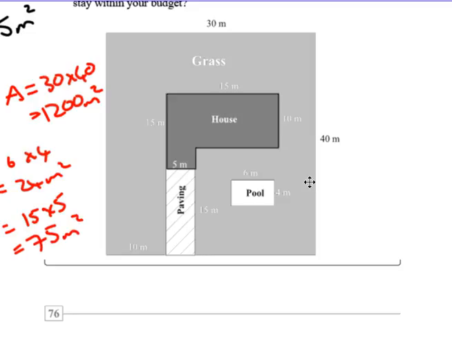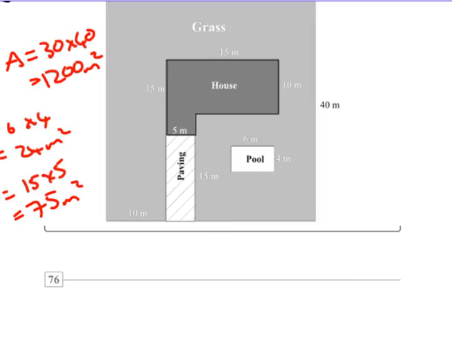The house is a little bit more complicated because it's not a regular shape. So for the house, I would draw in a line over there. The area of the house, the first shape is 10 down by 15 across. You all see that? So 10 times 15 is 150.